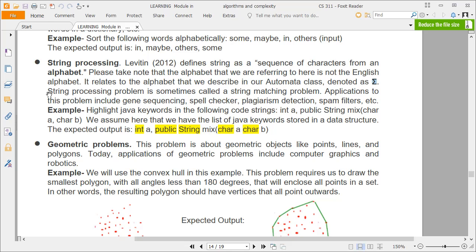So, these are problems which involve the processing of strings. Some applications to this problem include gene sequencing, spell checker, plagiarism detection, spam filters, etc. For example, highlight Java keywords in the following code of strings.